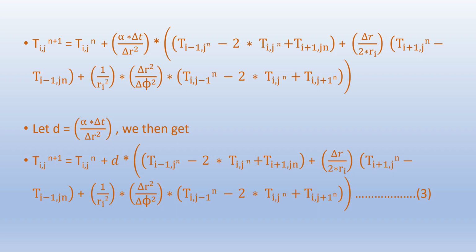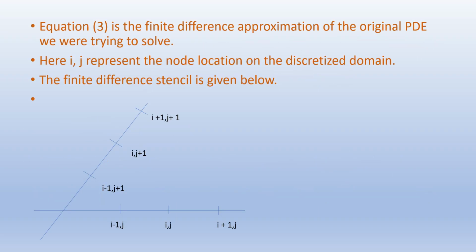Here d represents an analogous diffusion number that is typically used in Cartesian coordinates. So equation 3 is the finite difference approximation of the original partial differential equation we are trying to solve. As mentioned before, i and j represent the node location on the discretized domain, and the finite difference tensor is given below.